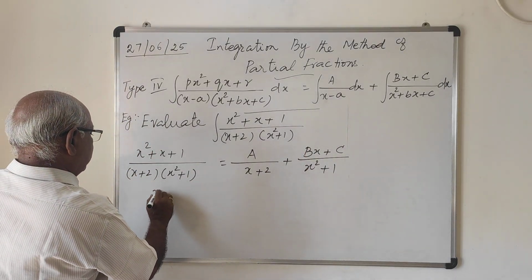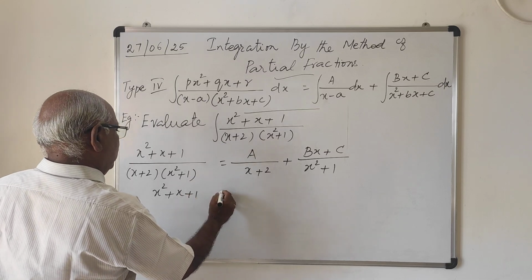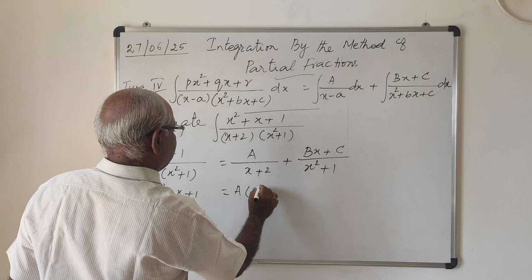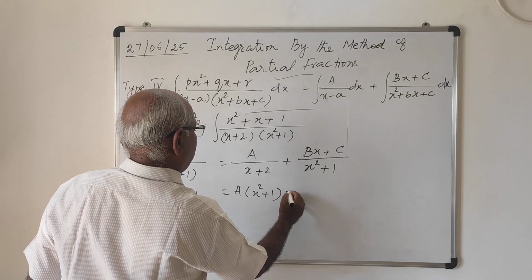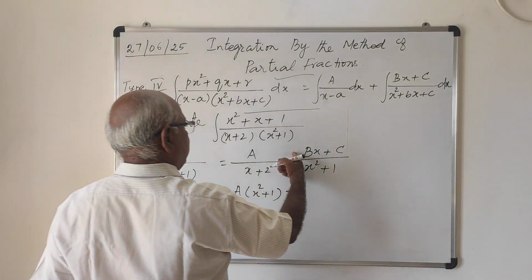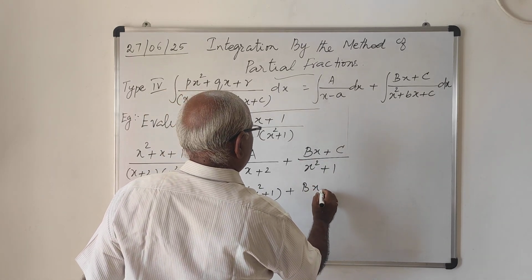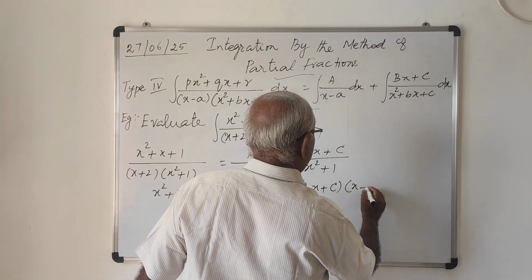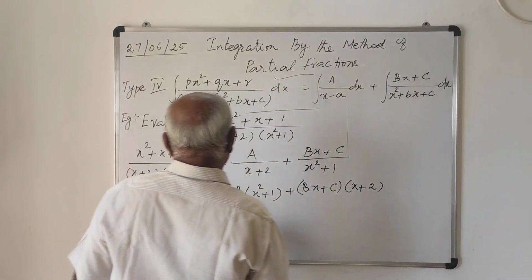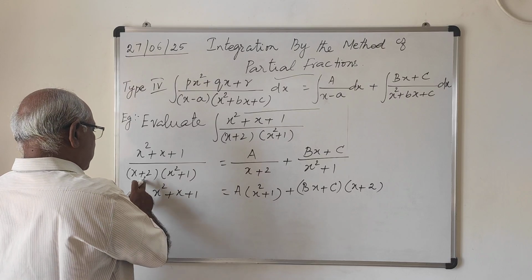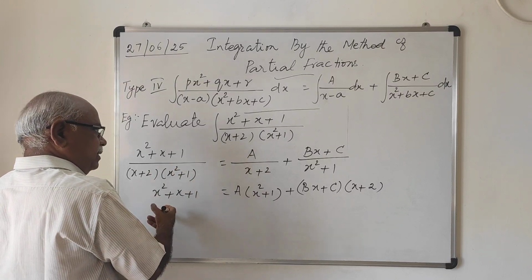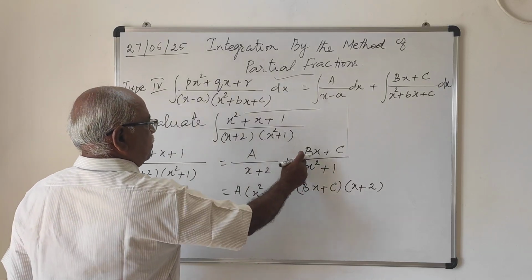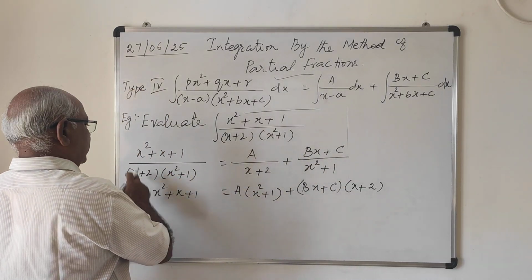Now equating the numerator, x square plus x plus 1 equals, taking x plus 2 into x square plus 1 as the LCM and bringing it to the right hand side: A into x plus 2 cancels, you get x square plus 1; plus Bx plus C into x square plus 1 cancels, you will get x plus 2.